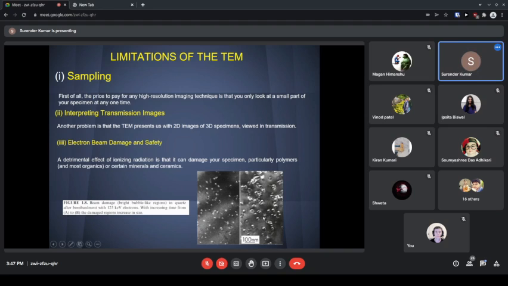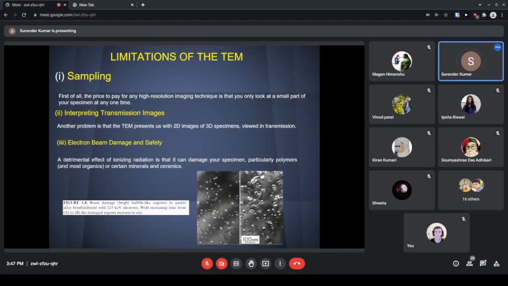Then you can see how they are damaged. So there is sample damage. But for a material scientist, for example, who is working with nanoparticles, there is not so much issue. But those working with biological samples, with cells or other things, it can damage those things.